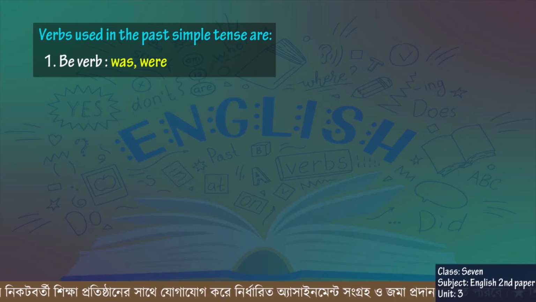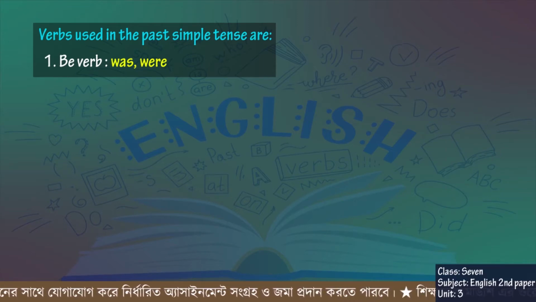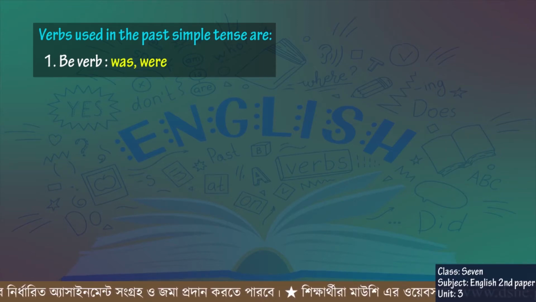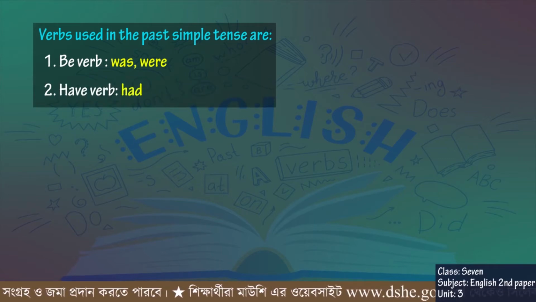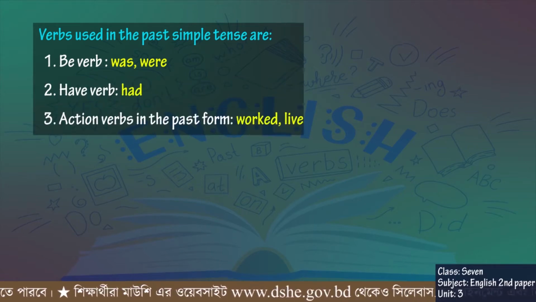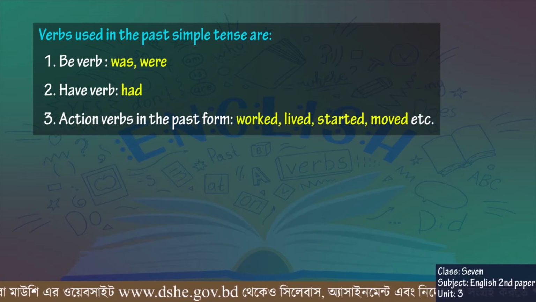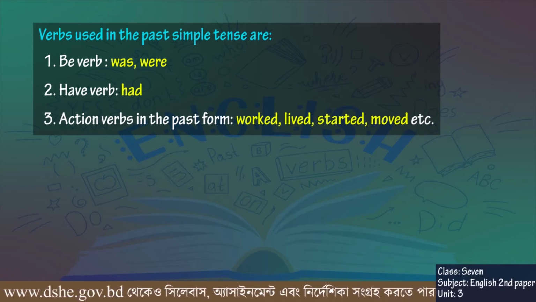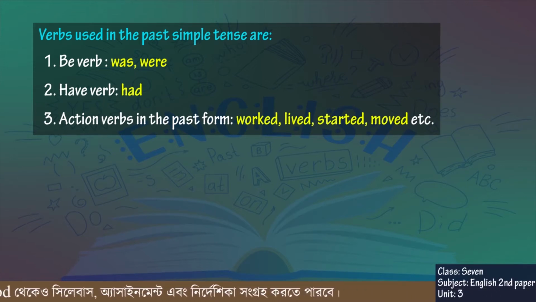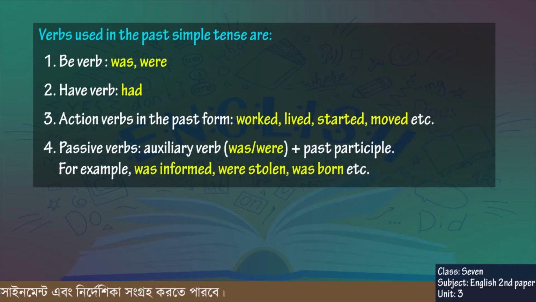Verbs used in past simple tense are be verb, was, were, have verb, had, action verbs in the past form, worked, lived, started, moved, etc. Passive verbs, auxiliary verb was or were, plus past participle.